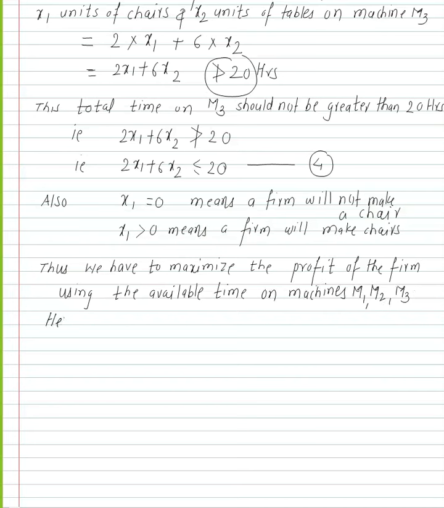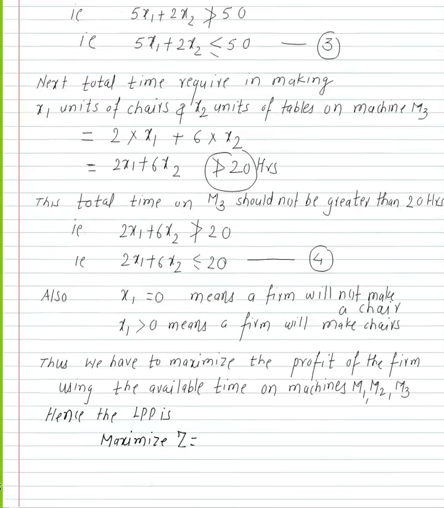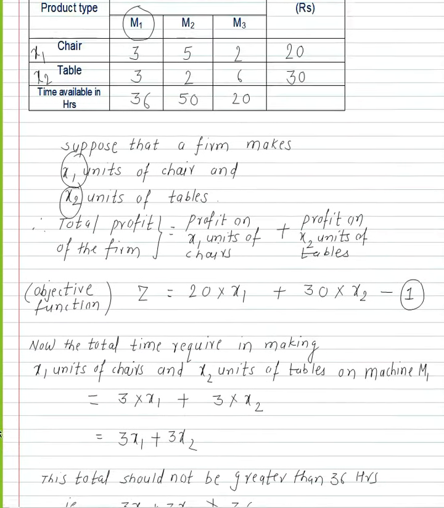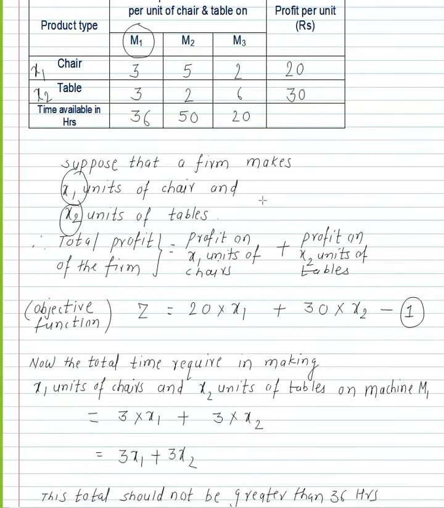Hence, the LPP is: maximize the total profit Z. This is the total profit 20x1 plus 30x2.